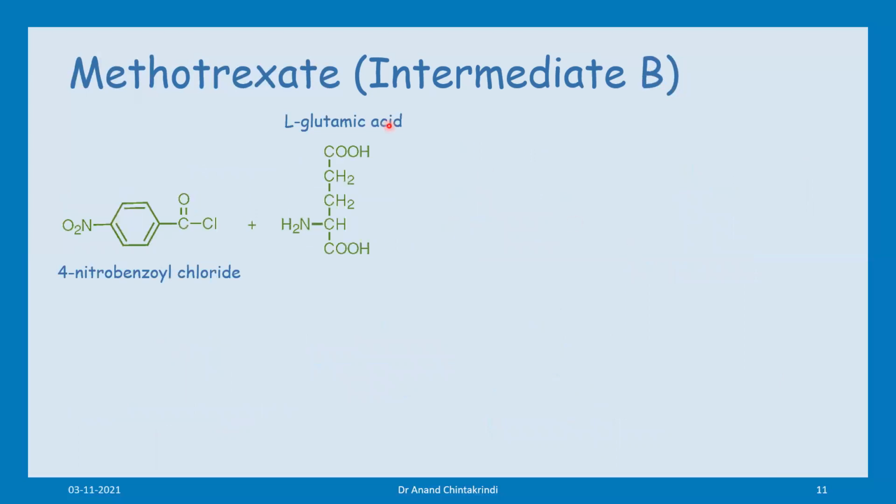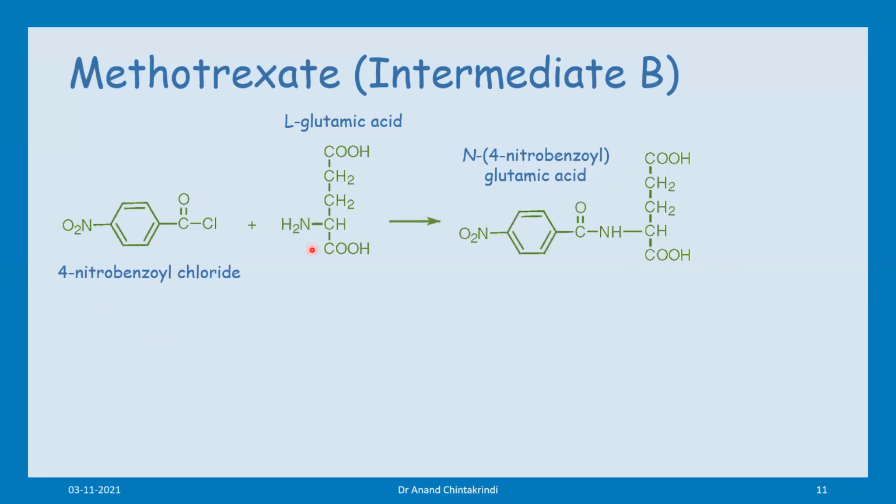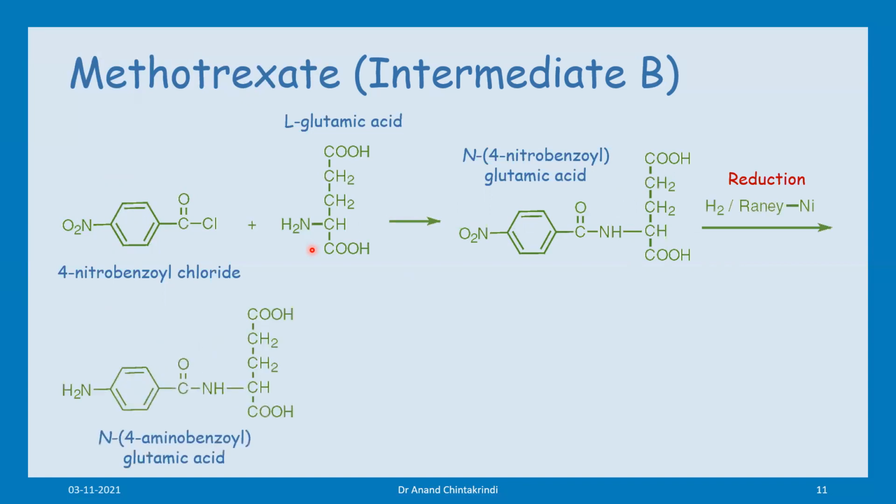The next step is the formation of intermediate B, which starts with the starting material 4-nitrobenzoyl chloride. I'm again stressing benzoyl to indicate the presence of a carbonyl group here, which when condensed with the amino acid L-glutamic acid forms this 4-nitrobenzoyl glutamic acid derivative, which is reduced in the presence of Raney nickel and hydrogen to form 4-aminobenzoyl.